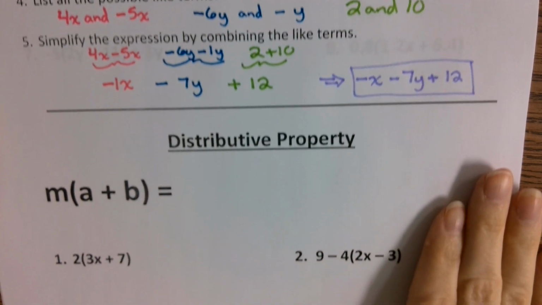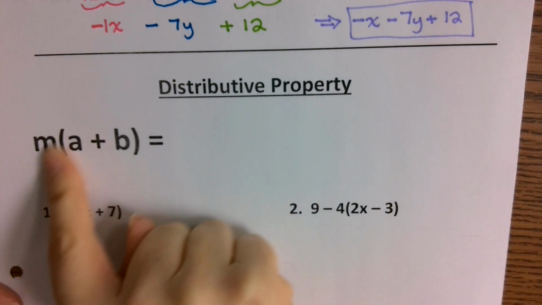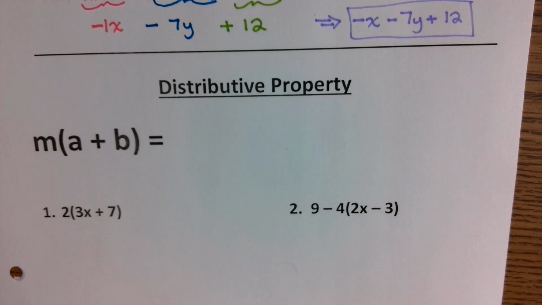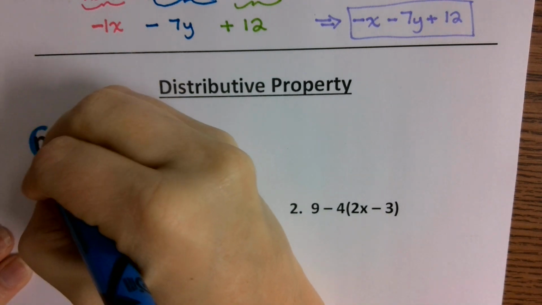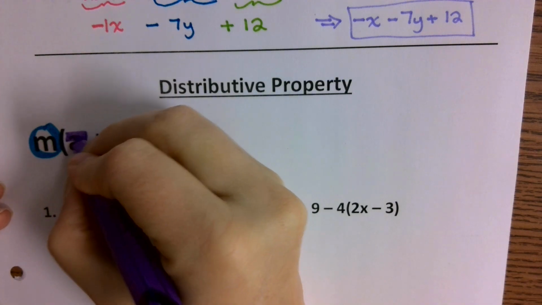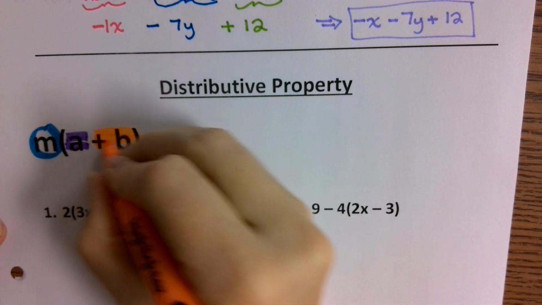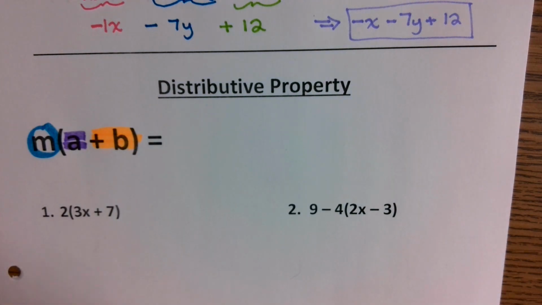Okay? So distributive property, how this works: you are taking a value that is on the outside of parentheses, and you are distributing it by multiplying it to each value that's on the inside of parentheses. So if we've got an A, and we've got a plus or a minus the B, we are distributing that multiplication to each of these.